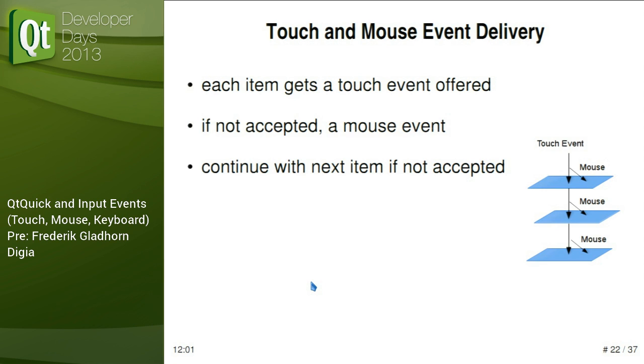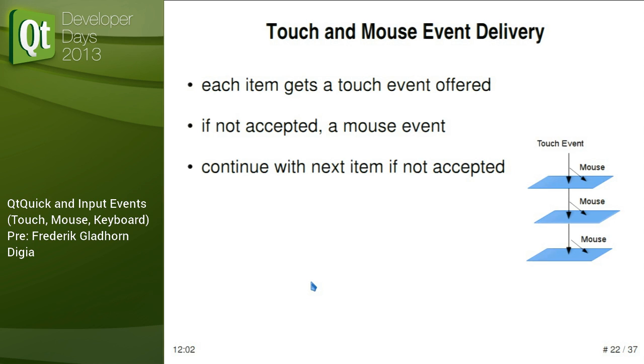So where I said the mouse handling comes into play again with MouseArea: in Qt4, we send a touch event through everything, and if nobody wanted touch, we send the mouse. Luckily, we fixed that in Qt5. So we have this model that I have an element and it gets a touch event offered. If it doesn't accept the touch event, it gets the mouse event offered, because MouseArea and custom code and others simply need the mouse events at the moment.